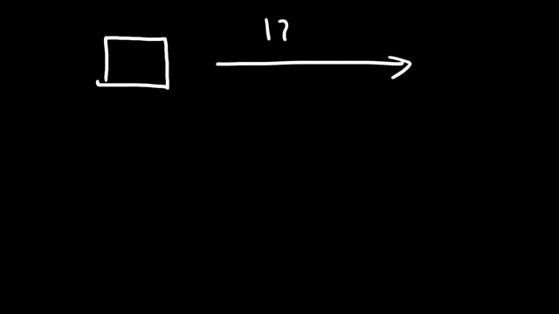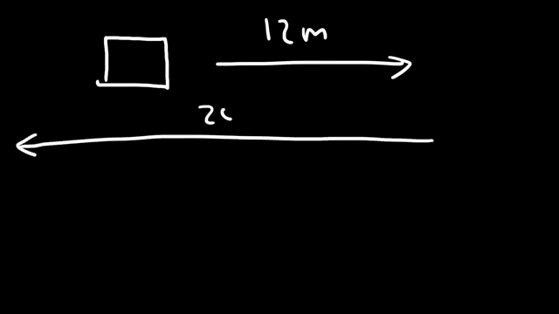Now let's say you have an object and this object traveled 12 meters east and then it travels 20 meters west. And it did so in a total time period of 4 seconds.